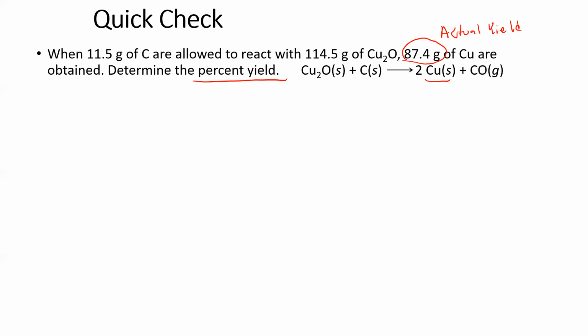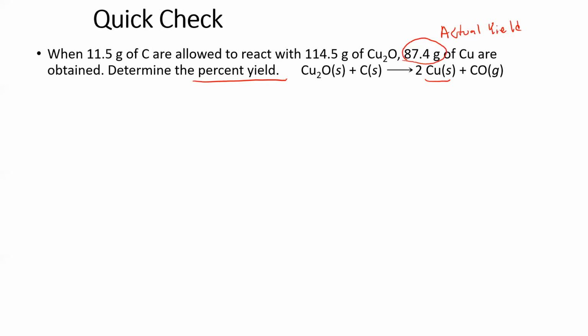So what we need to determine, because in lab I collected this amount of copper, is to use my stoichiometry to figure out what my theoretical yield was. But like before, as we observed in the other videos of limiting reactant calculations, this is a double stoich.